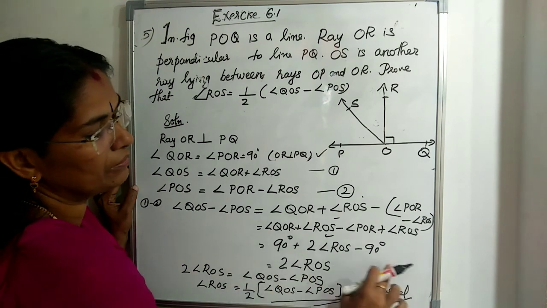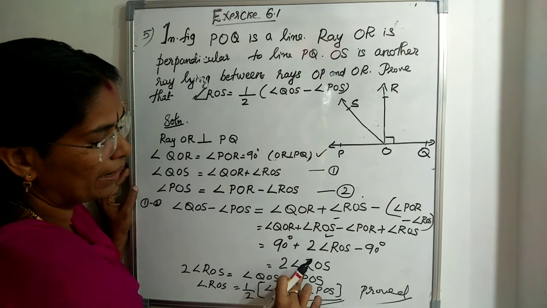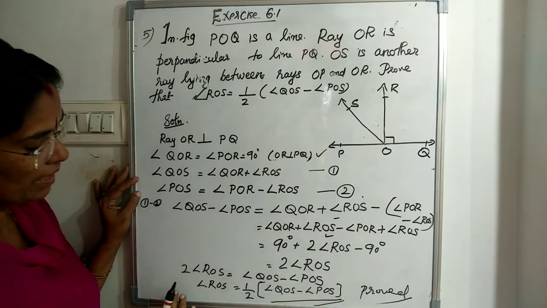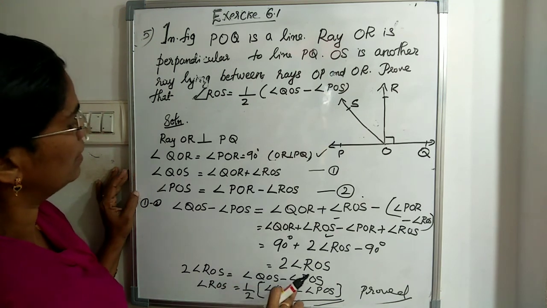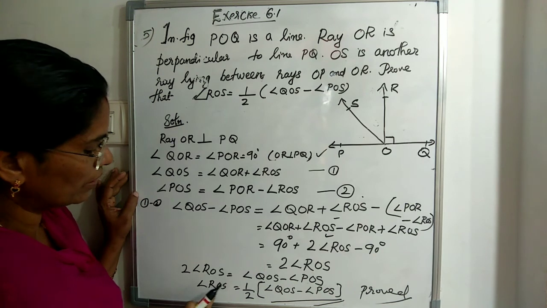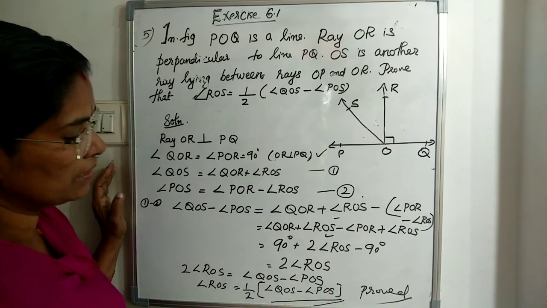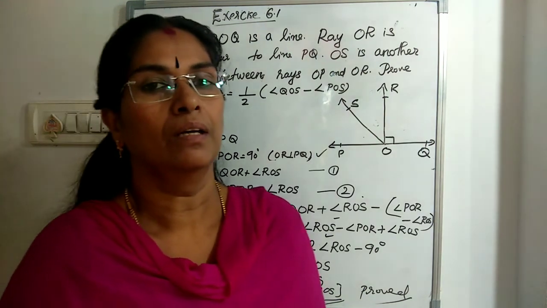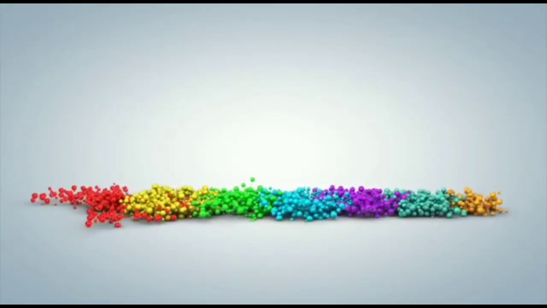One is positive, another one is negative, so we cancelled. The balance is 2 angle ROS. Then we are changing the sides: 2 angle ROS is equal to angle QOS minus angle POS. And we need angle ROS in terms of half of this, angle QOS minus angle POS. Proved. Okay, these 3 questions you have to practice.